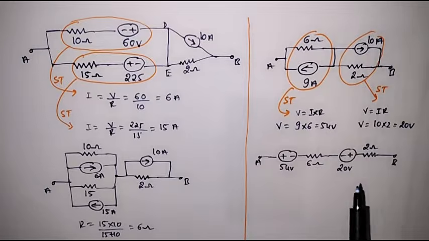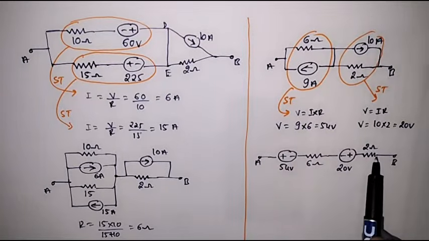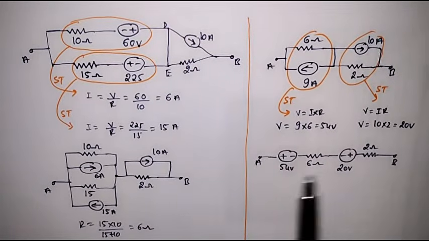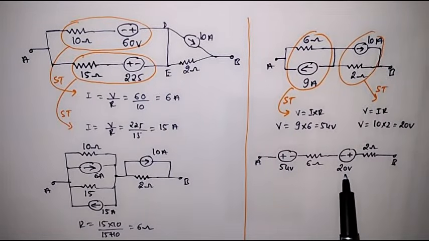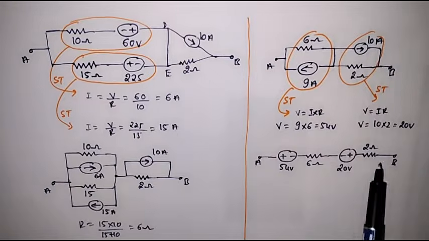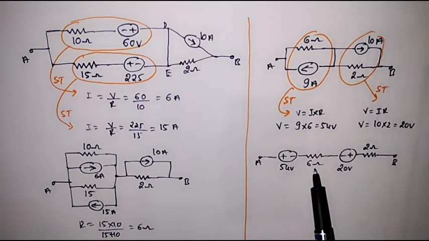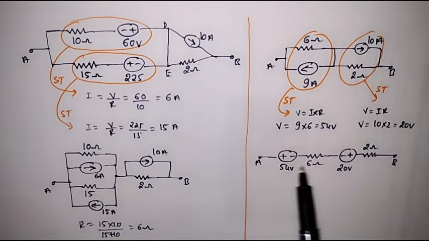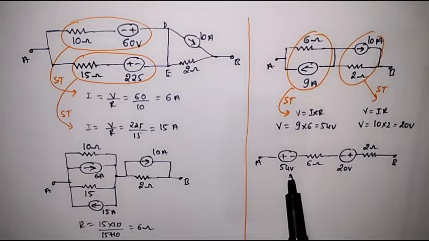Now here we can observe that 6 ohm is in series with 2 ohm resistor and 54 volt voltage source is in series with 20 volt voltage source. We can replace these two resistors by a single resistor of magnitude 8 and both voltage sources by a single voltage source of magnitude, look at the polarities opposite to each other, that is 54 minus 20, that is 34.